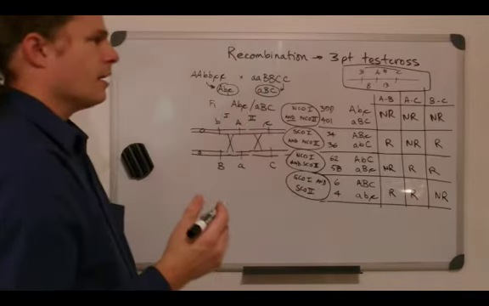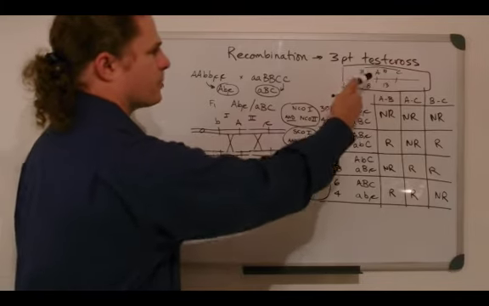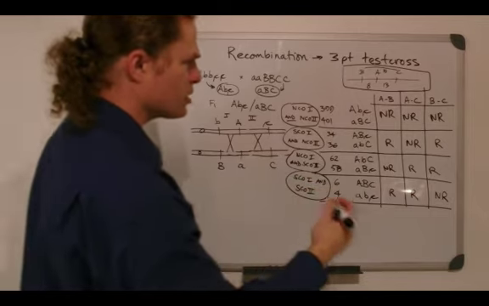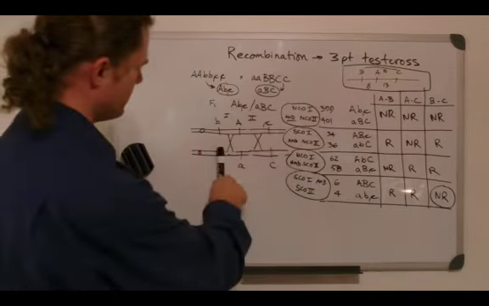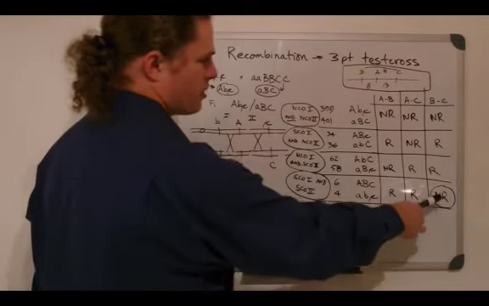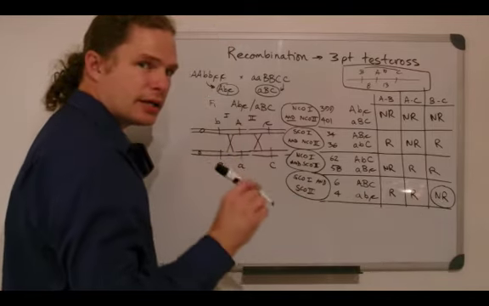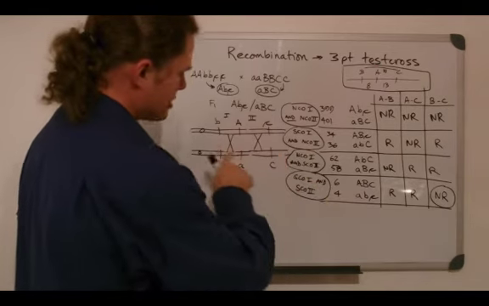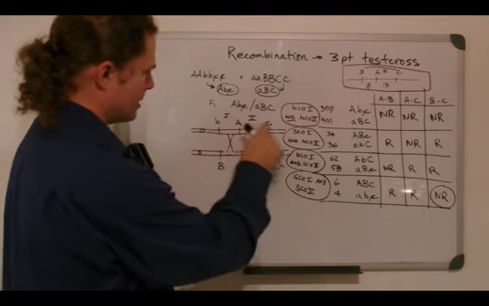Okay. Now what we'll see is that this is the category that's inappropriately shortening that distance. We originally scored the B to C interval, B to C being the largest interval here, as non-recombinant, and genetically it is non-recombinant. But what's going on to make that non-recombinant combination between B and C?